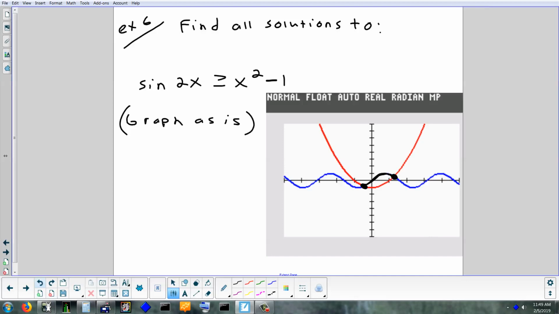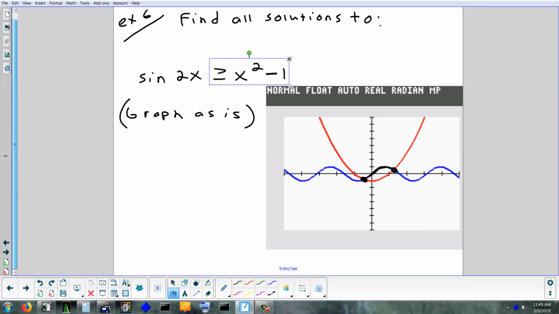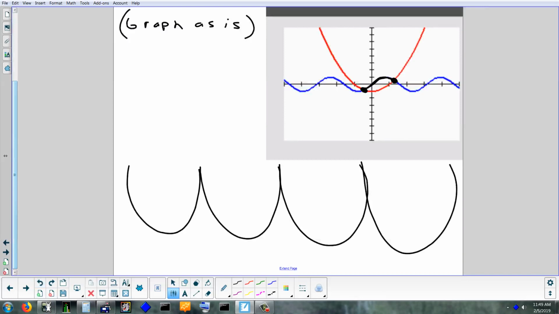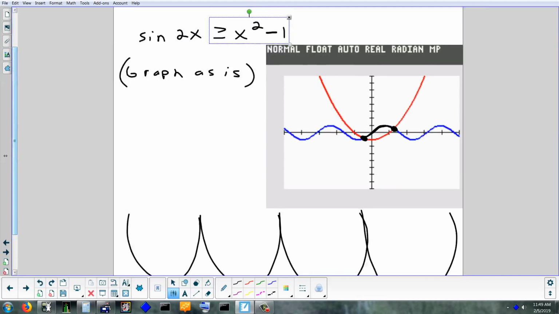No, because you're comparing a periodic function to a function that's not periodic. It's not like that red parabola is going to look like this. It doesn't keep repeating itself. When you draw a parabola, you get one parabola and that's it. So the only place that the parabola is above the blue curve is right here. Other than that, the sides of the parabola just keep going up higher and higher. They're never coming back down.